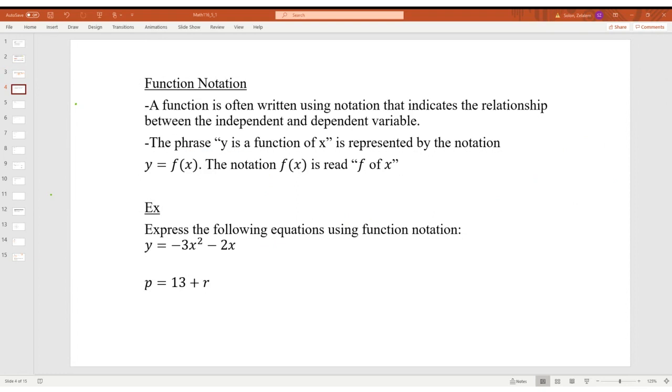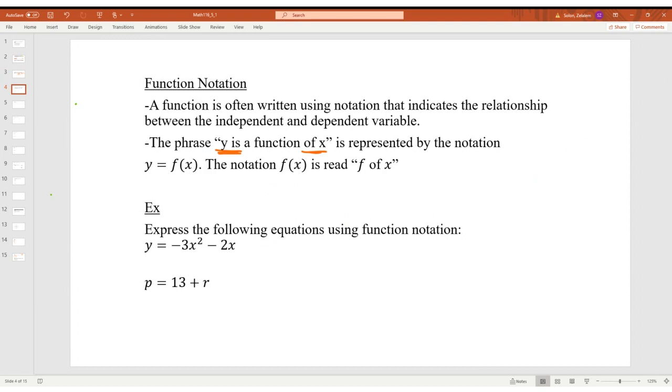So the phrase Y is a function of X is represented by the notation. Y is the output, is a function of X. X is the input or the independent variable. So the notation says Y equals f of X.